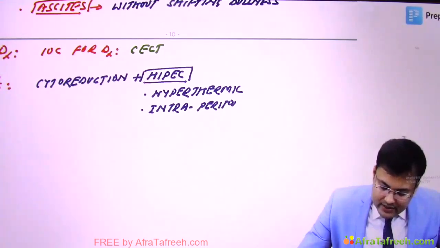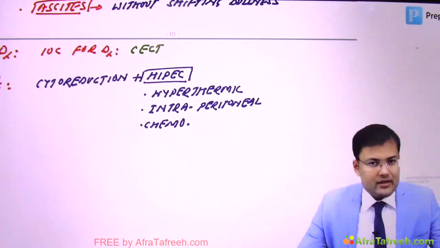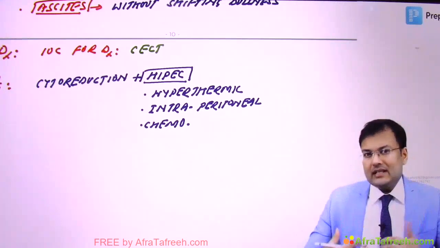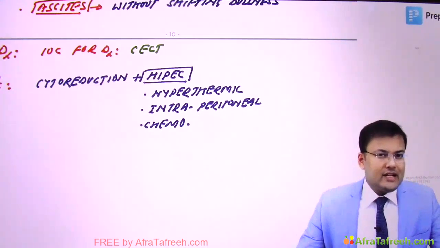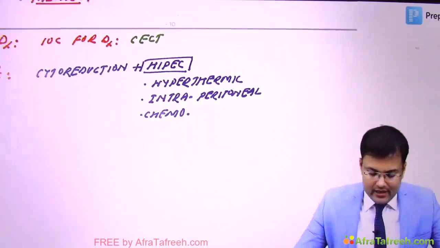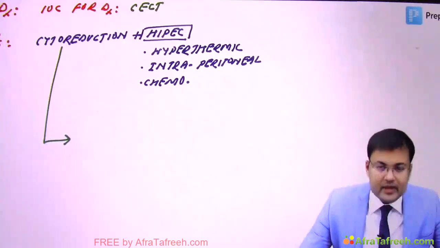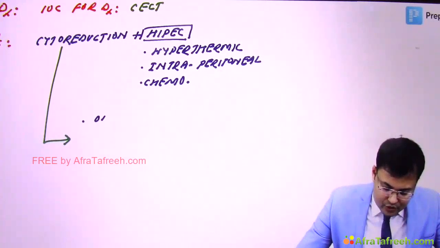There is another indication of HIPEC. You tell me. Similar indication: whenever there is peritoneal carcinomatosis, when metastasis is there to the peritoneum, in that case also we use HIPEC. Okay. Now see, what are the components of this cytoreduction? So we perform omentectomy.